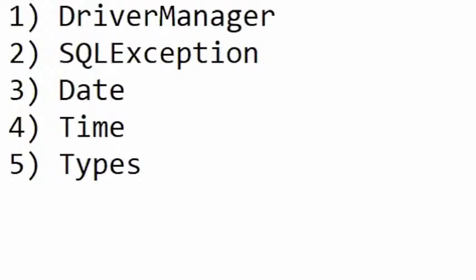These names are implemented by driver vendors in drivers. That's the interface concept. What is the purpose of interface? In the core Java class, many people asked where we use interface. That you will understand today. The purpose of interface, you will get more clarity today. You observe.